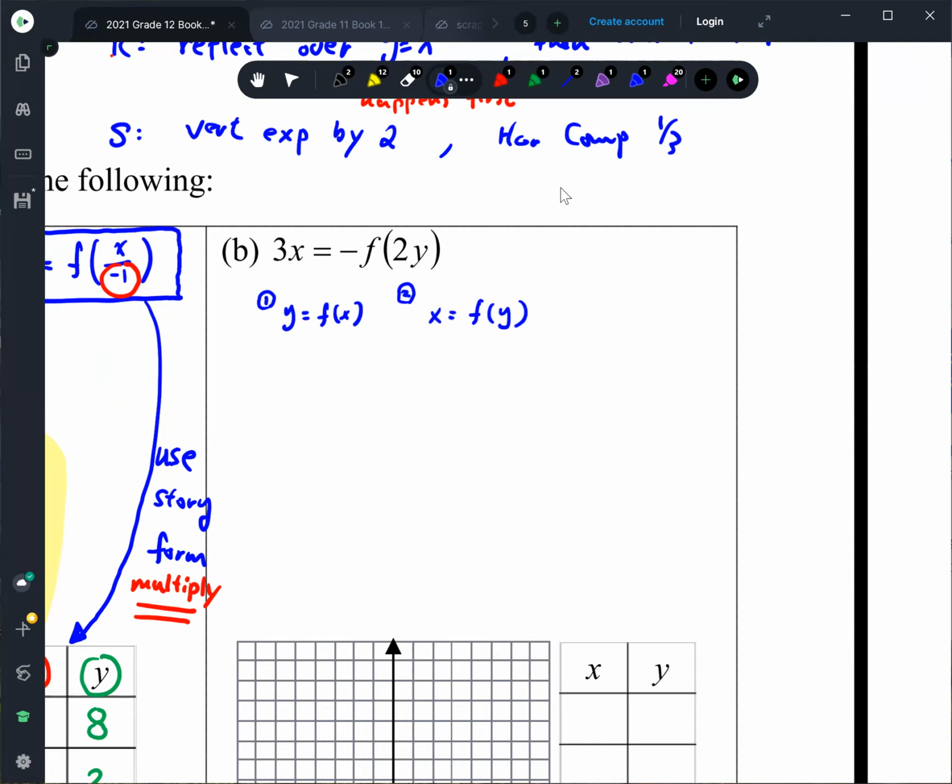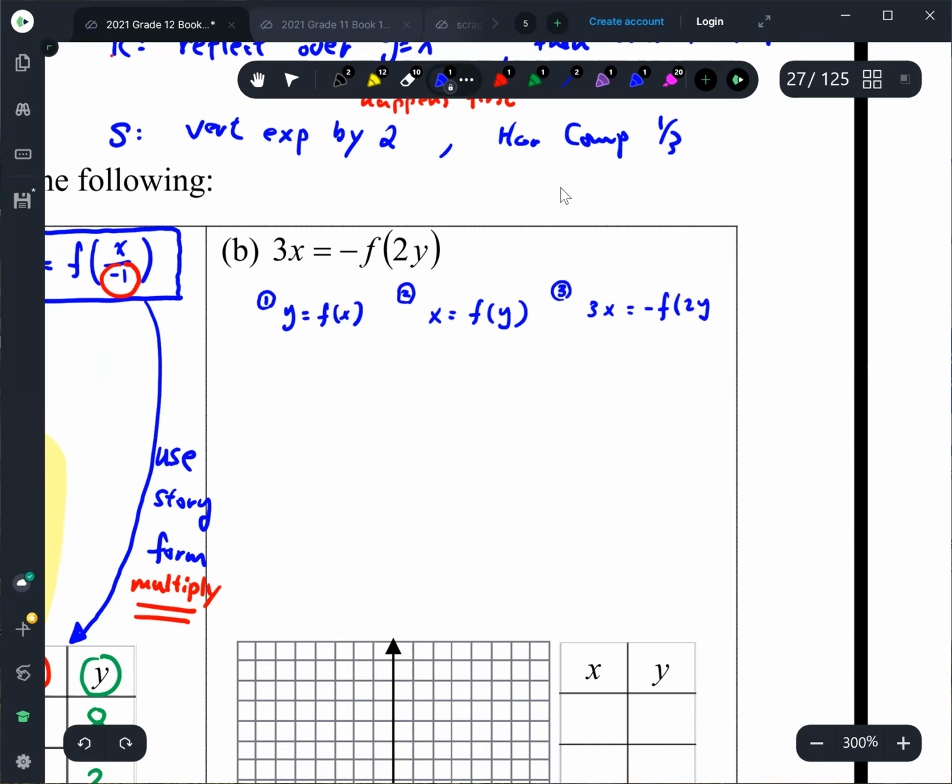Okay, and then after that, they apply something to the form. We get 3x equal to negative f of 2y. Similar idea. So now change this to story form. Instead of moving anything movable to the y side, I want to move it to the x side. Whatever that's in the bracket stays in the bracket.